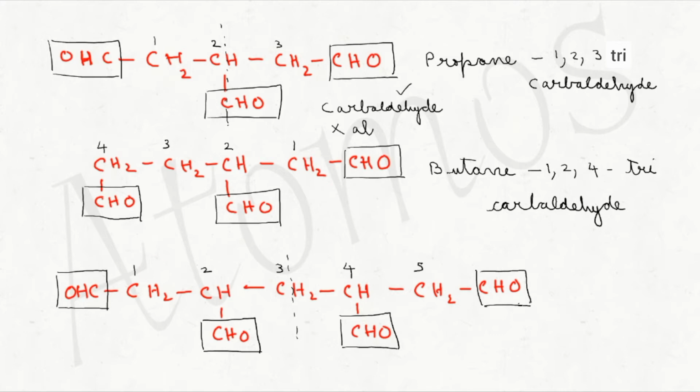So it is a 5 carbon alkane. So we will write it pentane. Then to first, second, fourth and fifth carbon atom aldehyde groups are attached. So what will be the name? 1, 2, 4, 5. When 4 aldehyde groups are present, we will be using tetra.